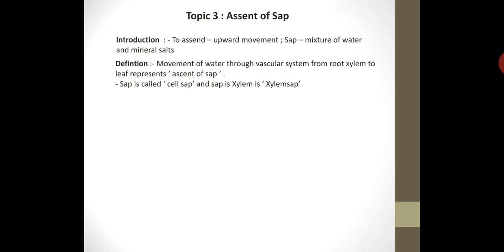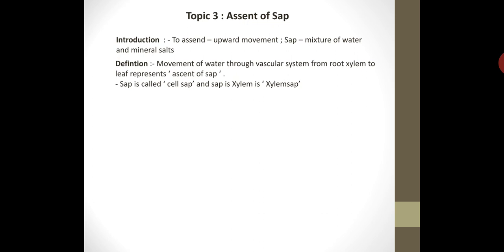So ascent of sap means movement of water molecules from the xylem of the root to the xylem of the leaf. When the plant absorbs water from the soil, along with water, the plant also absorbs many mineral salts. So pure water is not there.